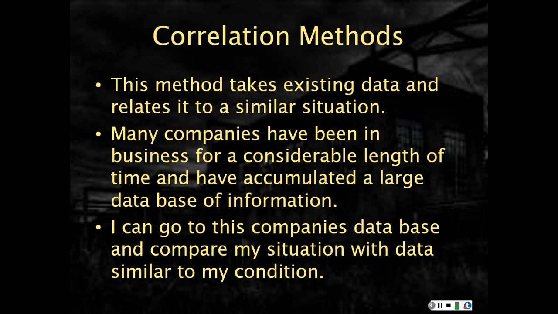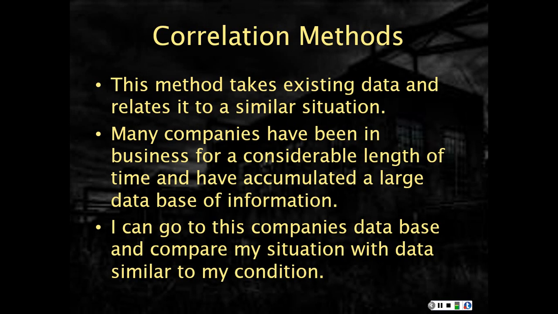Another method, or method 2, is called the correlation method. This method takes existing data and relates it to a similar situation. The reason this can work is many companies have been in business for a considerable length of time and have accumulated large databases of information on their product.